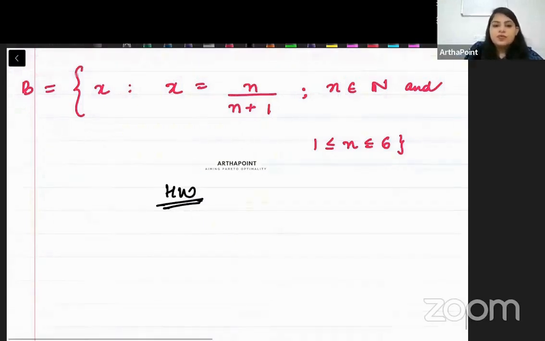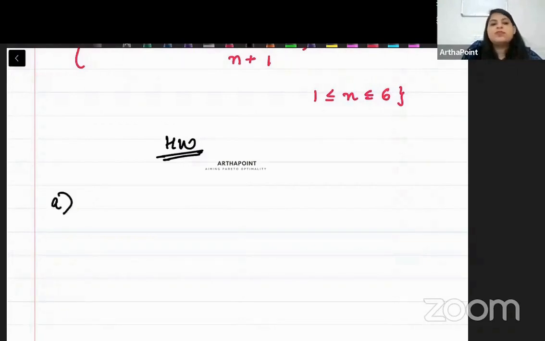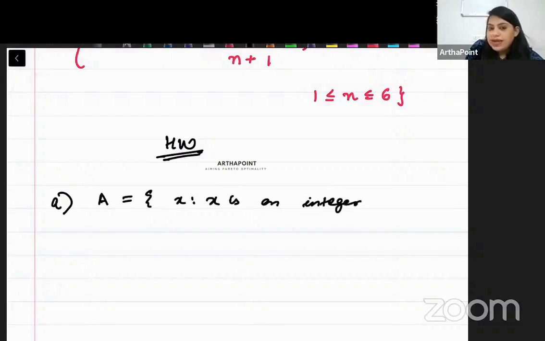Okay? So, please write the following in the roster format. Right? So first, A is such that x is an integer and x is between -3 to 7.